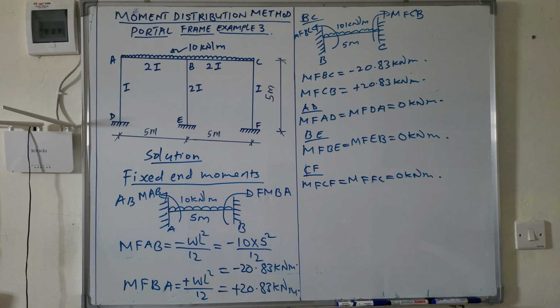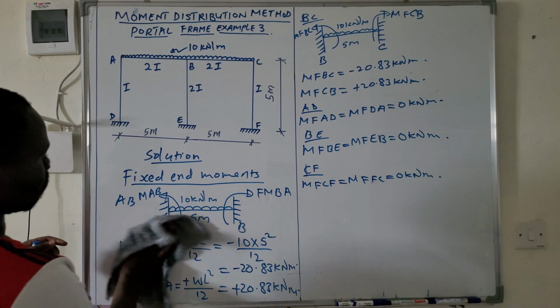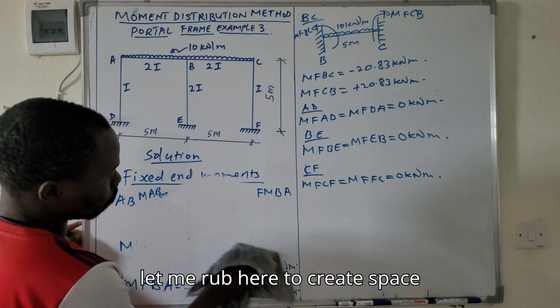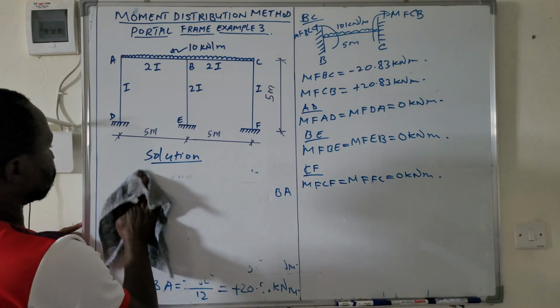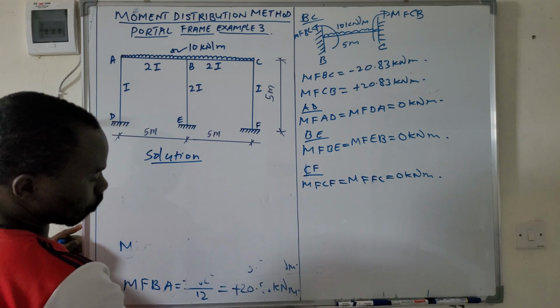What follows next is the stiffness factors. So we proceed to stiffness factors, which is K. Let me rub here to create space for more calculation.